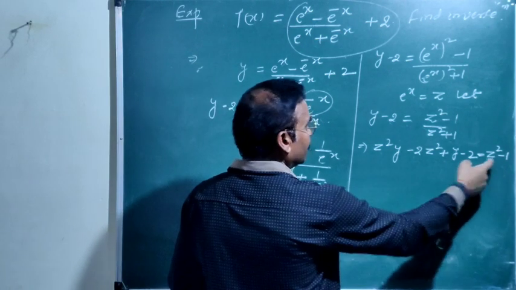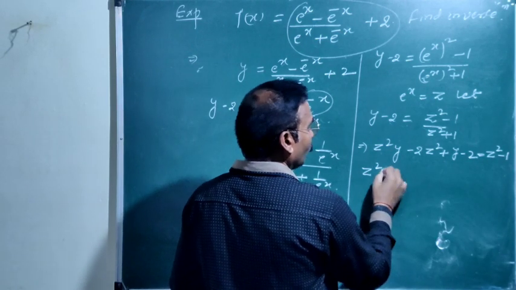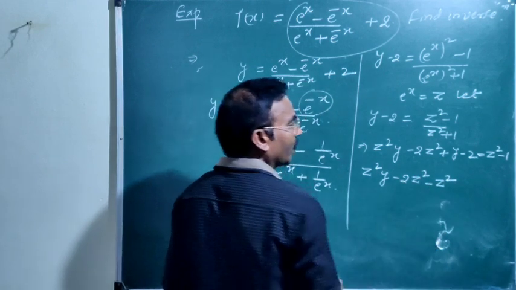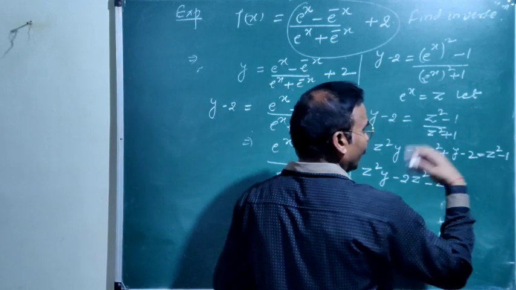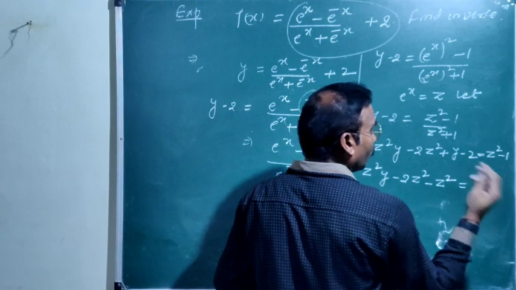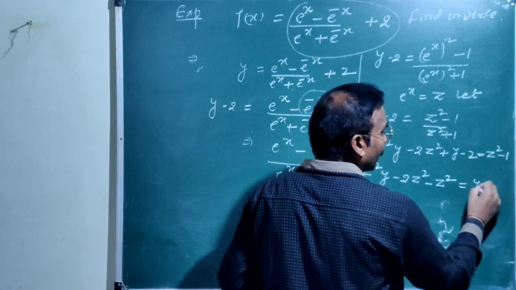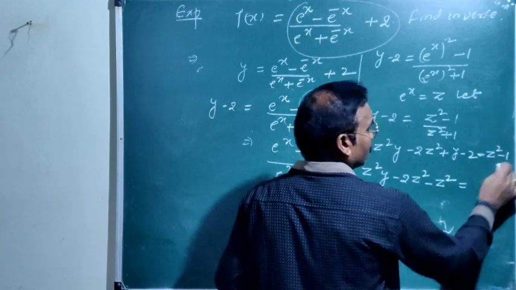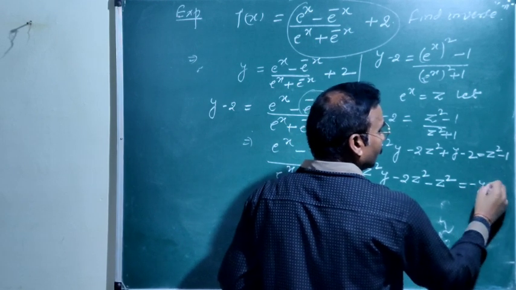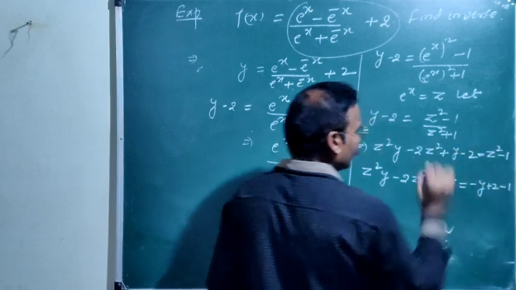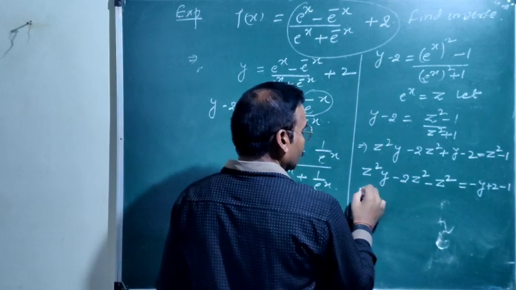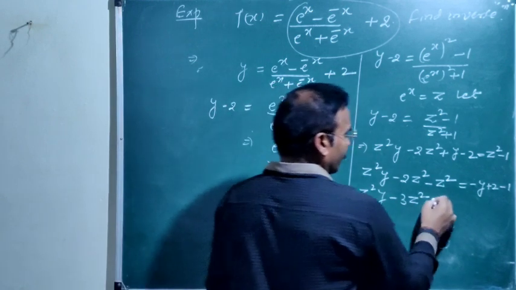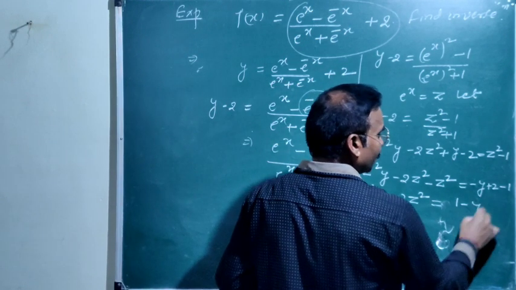So z square y minus 2 z square plus y minus 2 equals z square minus 1. Now take z square terms aside: z square y minus 2 z square minus z square equals, on the other side, all remaining terms: minus y plus 2 minus 1. So z square y minus 3 z square equals 1 minus y.